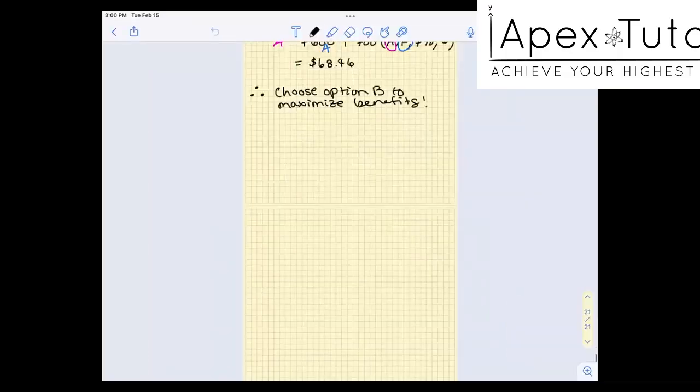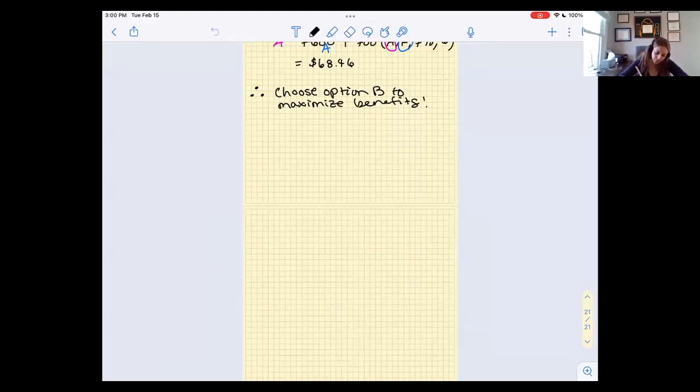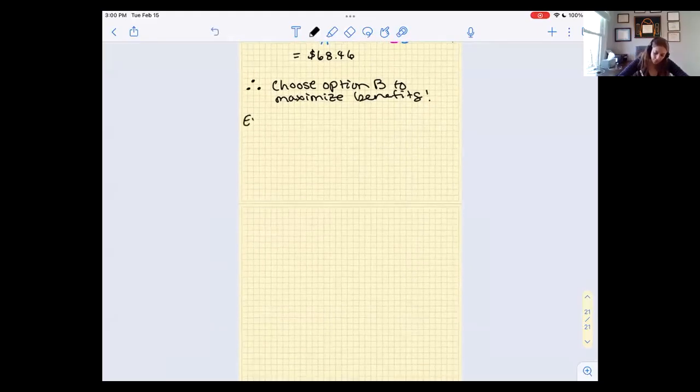And now we're going to go over example 4, where we're going to do future worth. So this is the example from the other lecture where we were talking about a brick versus a wood deck. Okay, so we're going to do example 4 from last lecture.